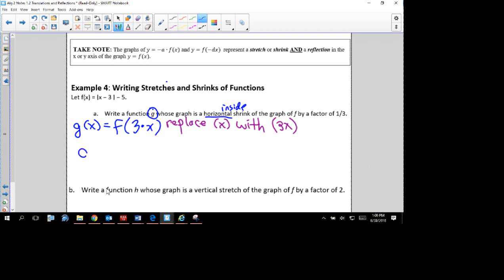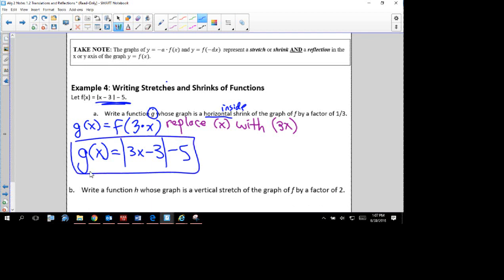So with our g of x equation, we look at the f of x equation, and the first thing is an absolute value. Then I have an x. But I'm going to replace that x with what? 3x. Then I have a minus 3. I have an absolute value. Then I have a minus 5. So I replace the x with 3x. And that's it. There's nothing really else to do for that one.